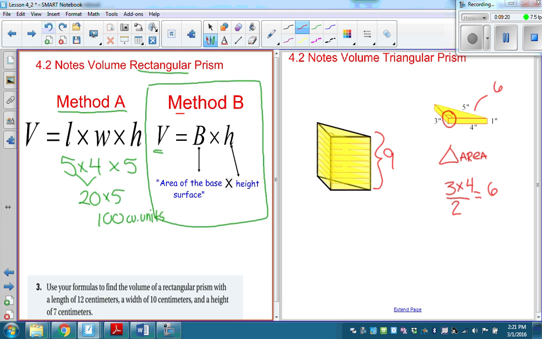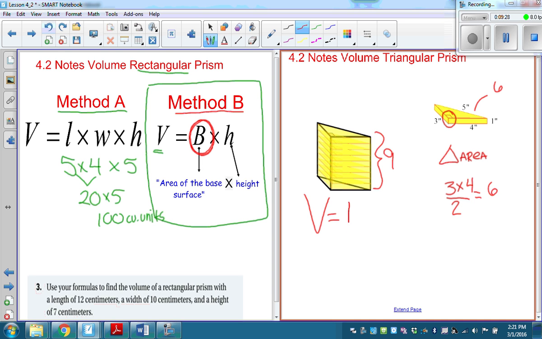By using method B, what's the big B stand for? The base. So the volume of this solid is the area of the base times the height of the whole object. And Joe, what was the area of the base? The area of the base was 6, right? Yes, because it's a triangle shape.